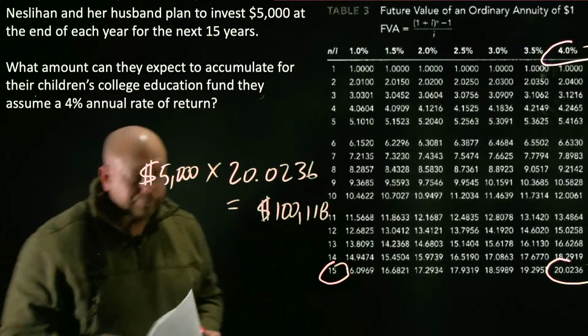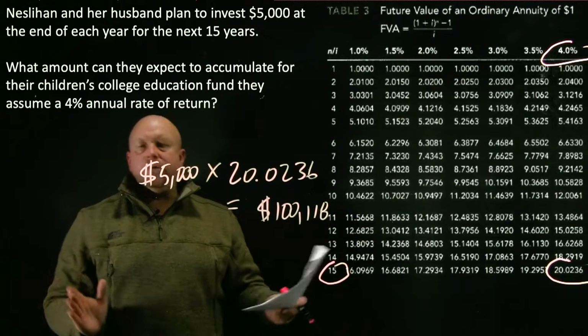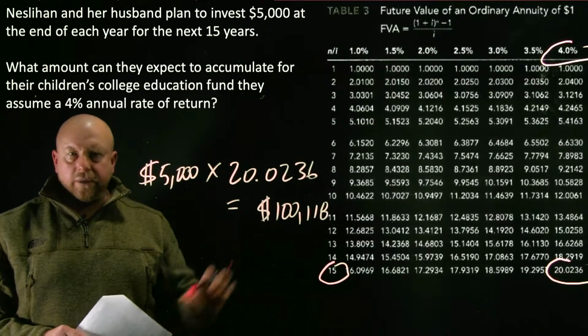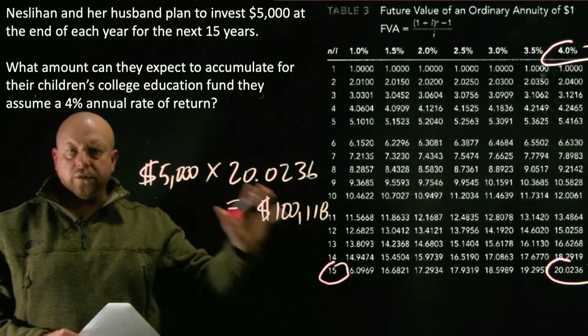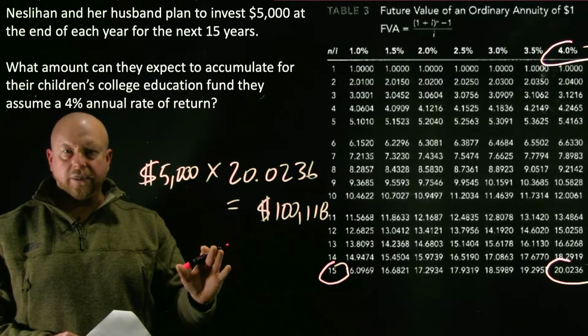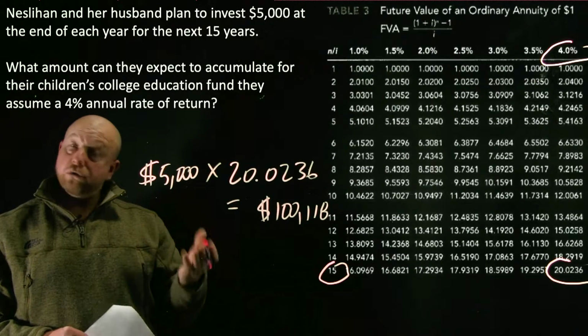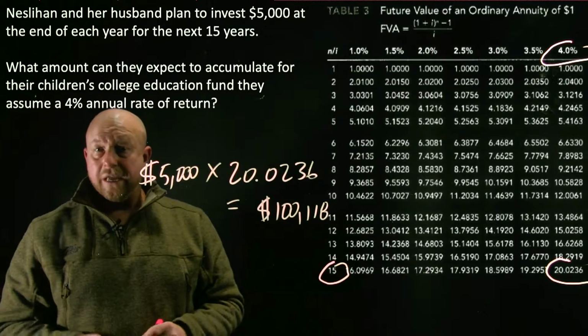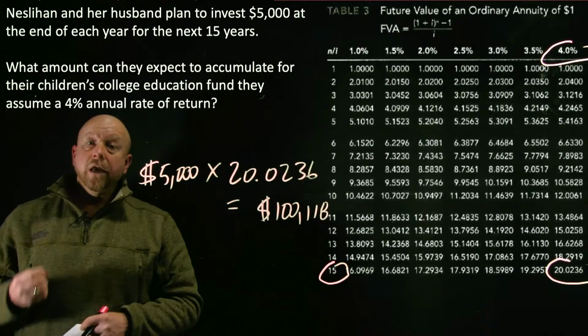As we kind of close things up here, I'd just like to reiterate that in practice, professionals are not using tables like this. They are used to illustrate time value of money concepts in the classroom.